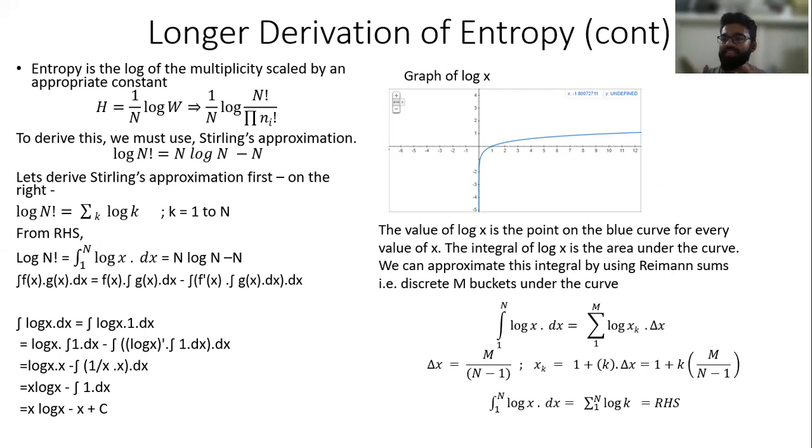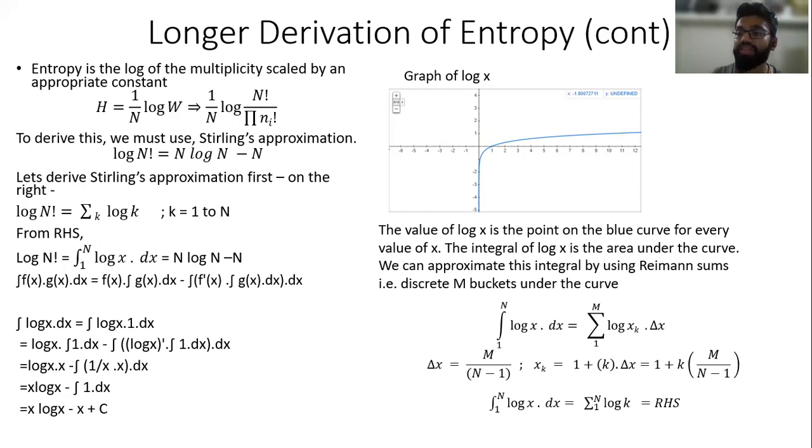Let's look at log x as a function and then come back to log k. Log x as a function, I've graphed it over here. It's monotonically increasing, as you can see. Every point on the blue curve is log x, evaluated at that x, and the integral of log x is the area under the curve.